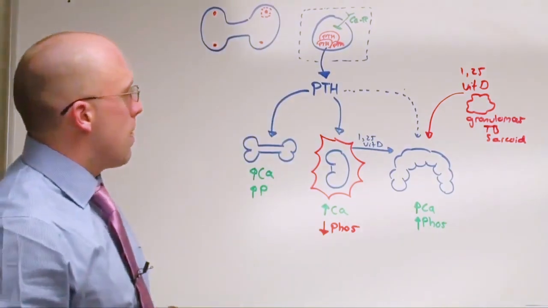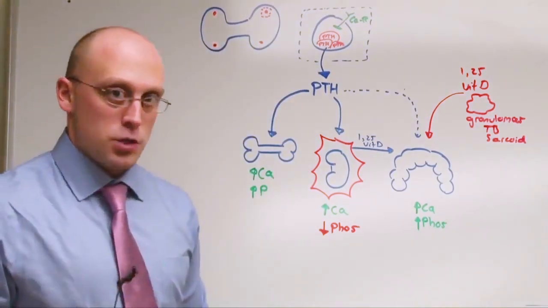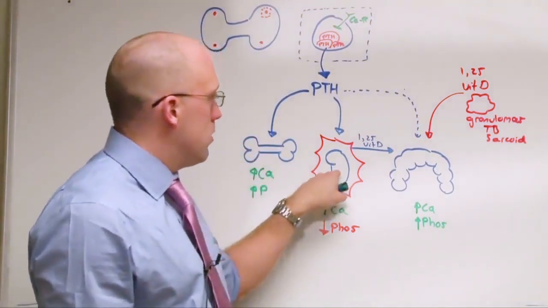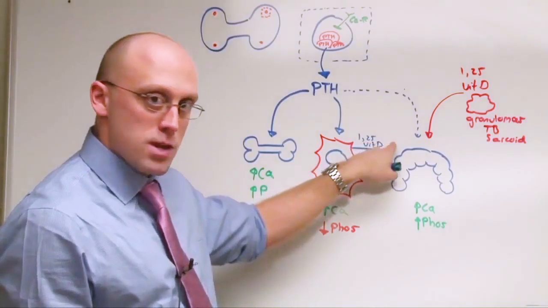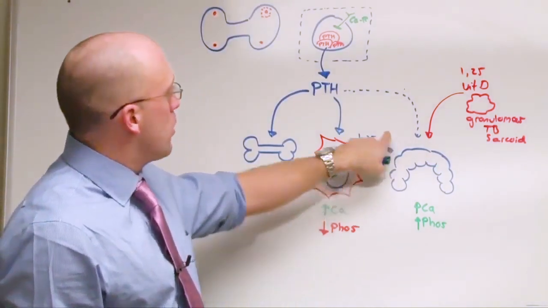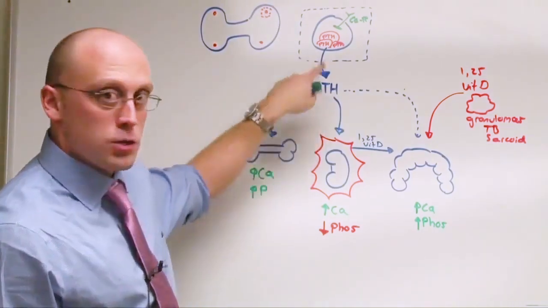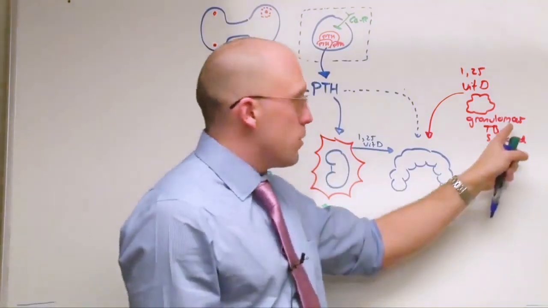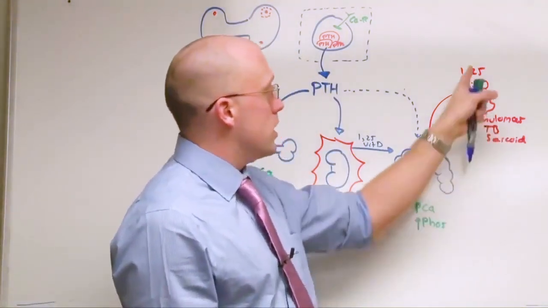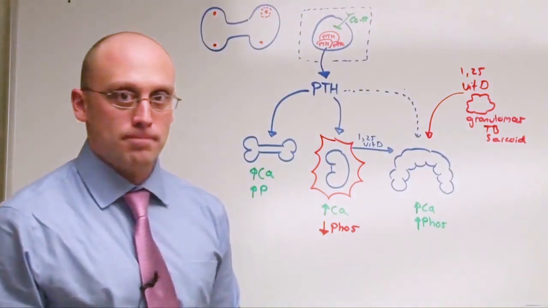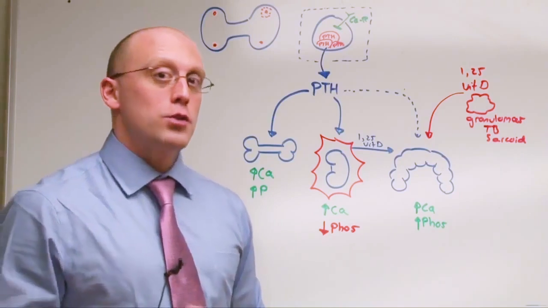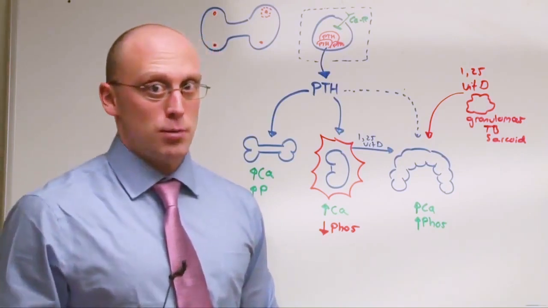Just know that this system can be deranged by problems with the kidney, which can lead to problems of making vitamin D, problems of parathyroid, either too much or too little, or by granulomatous disease that secretes 1,25 vitamin D. If you understand that, going through the etiologies is going to be simple.